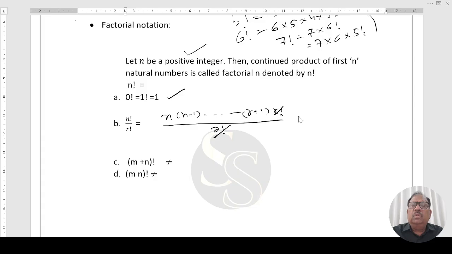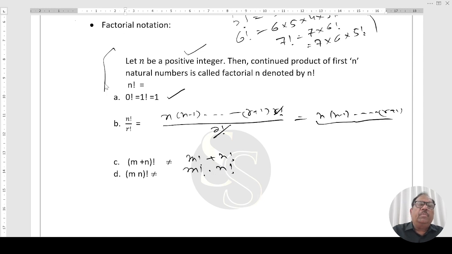This goes, so pending is n into n minus 1 down to r plus 1. This is the answer, right? This is not distributive, which means m plus n factorial is not equal to m factorial plus n factorial. Similarly, m factorial into n factorial is not equal to the factorial of the product. Okay? These are the properties.